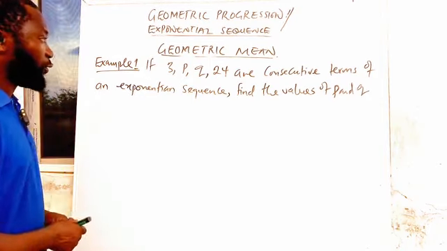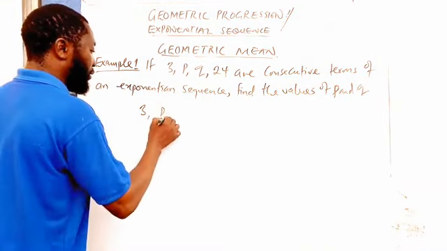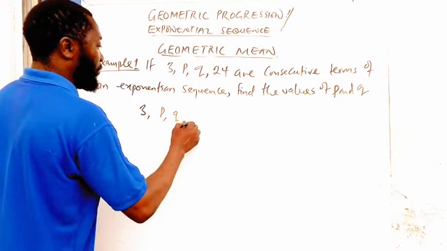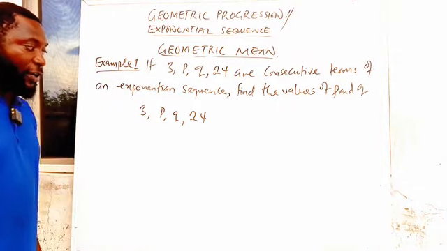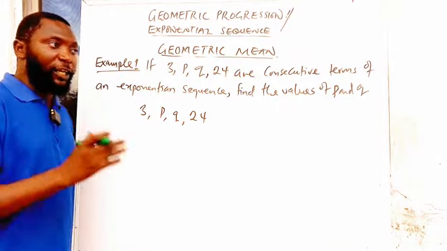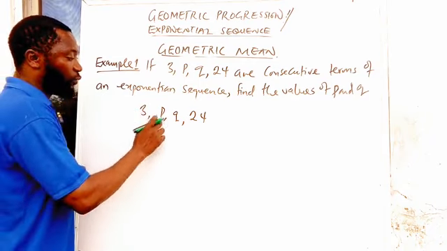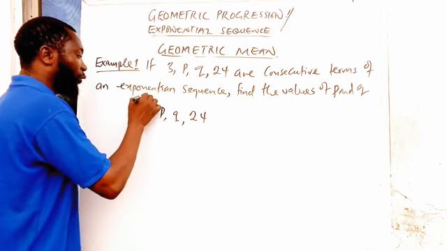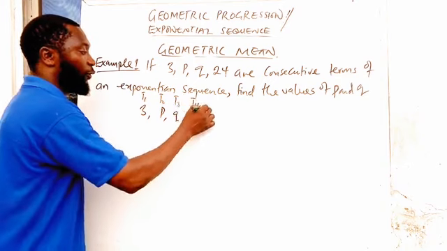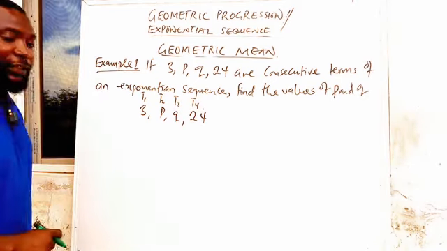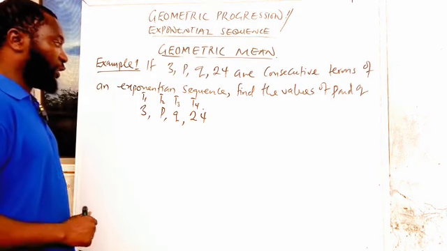Now let's see how to solve this. We are given 3, P, Q, and 24. Looking at this question, we have just 4 terms, that is 1, 2, 3, 4, meaning this is our first term, second, third, and fourth, just like how we solve a question under the arithmetic mean.